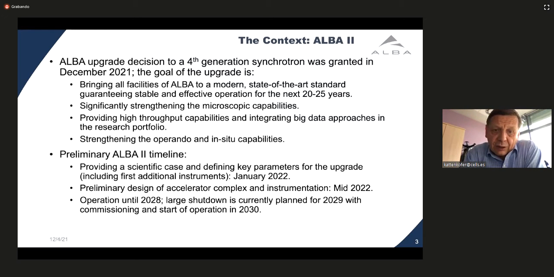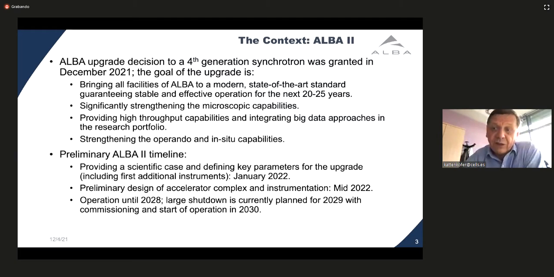The accelerator complex and the instrumentation, a first preliminary design of that, should be available in the middle of 2022. And then the operation should go up to about 28, with a shutdown in 29 and 2030, after which the synchrotron should come back. Now this last point is very speculative and it may be much faster, though not likely shorter.